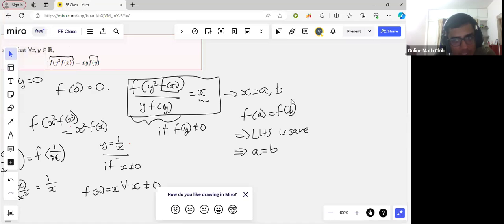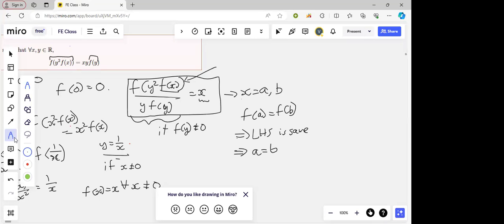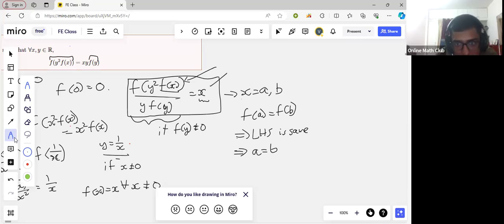So when we substitute x equal to a and x equal to b over here, this side won't change, right? This side won't change, so this side can't change as well.